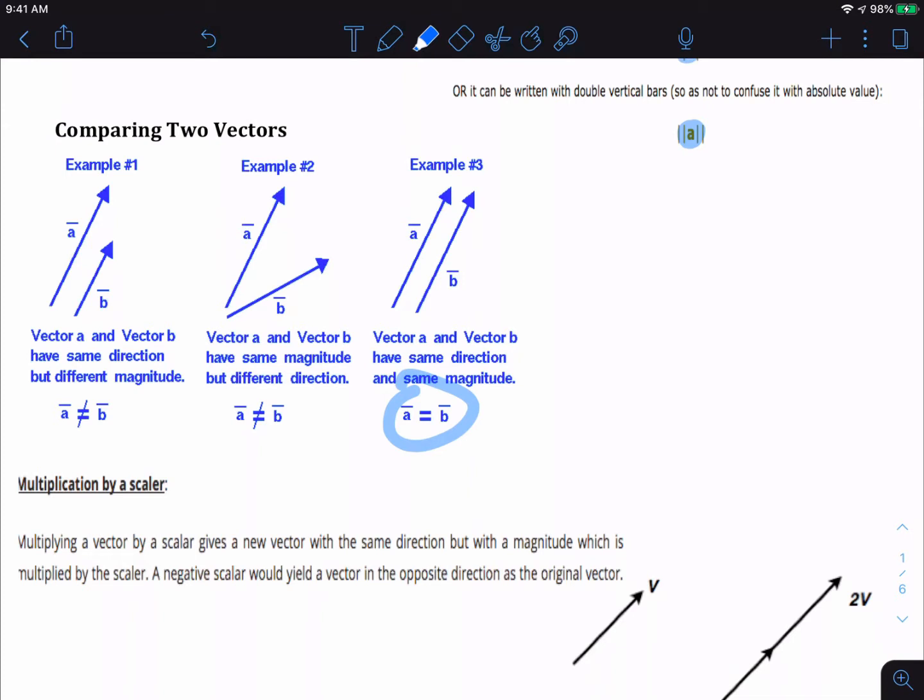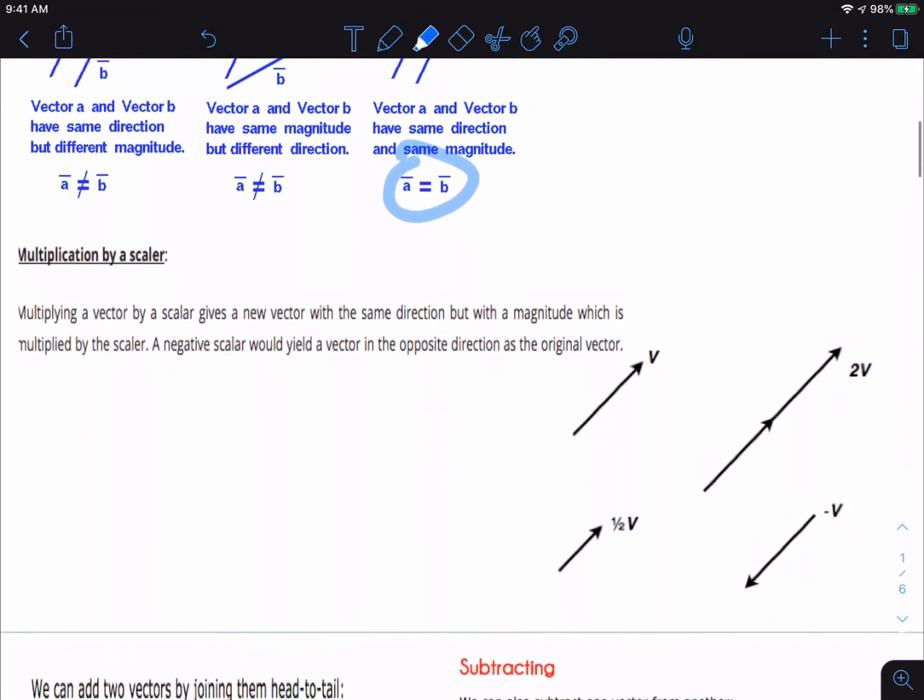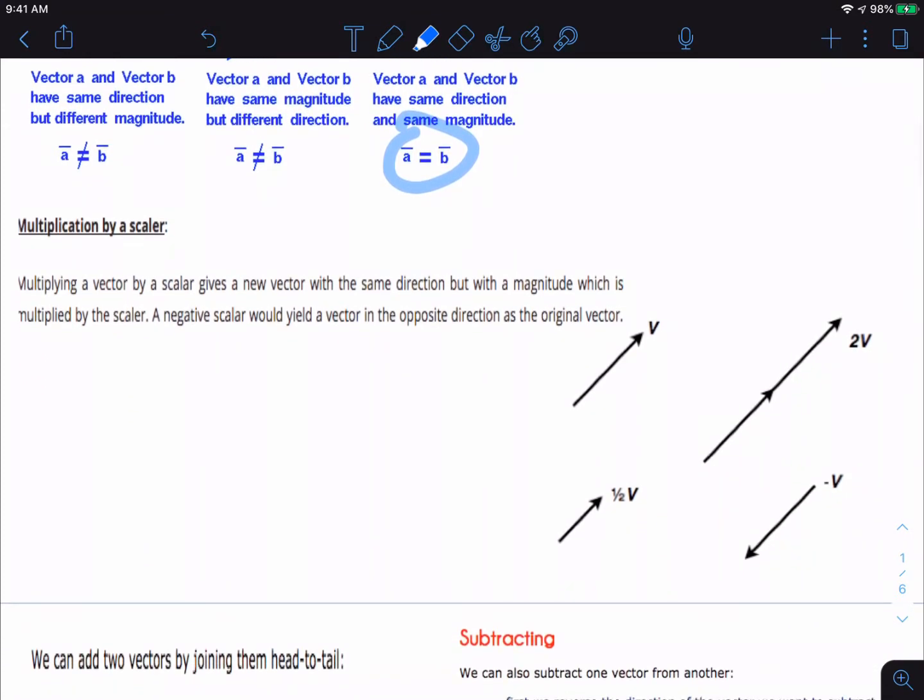All right, good. Okay, so when multiplying vectors, right, we multiply by a thing called a scalar. And what a scalar does is it's just going to take our vector, and whatever number we're multiplying by, that's what it's going to do to the vector. So this is our vector that we're given.